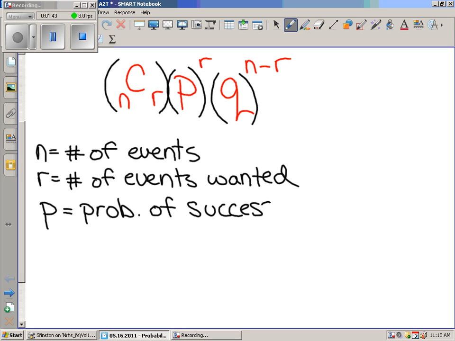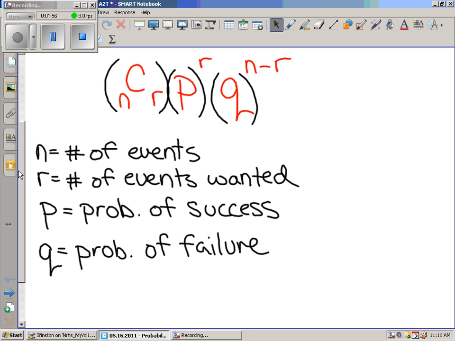And q is the probability of failure. And all we're going to do is plug and chug our way through this formula. C is in there because this is actually a combination-based problem.